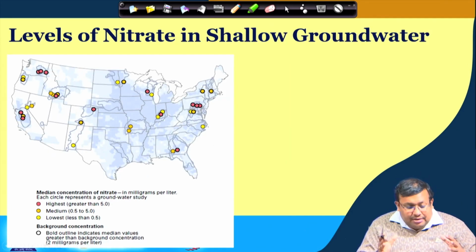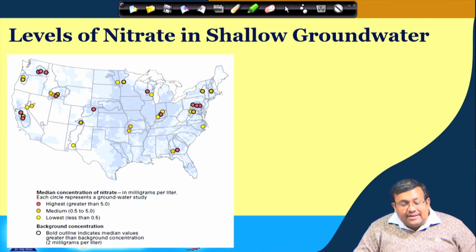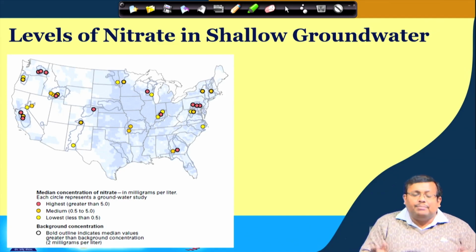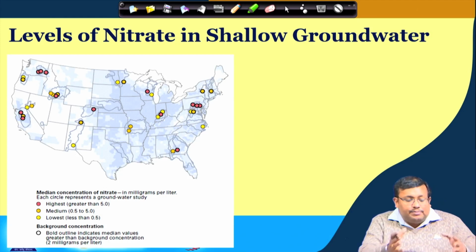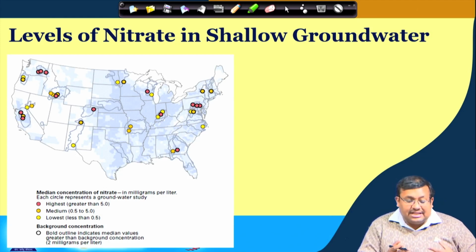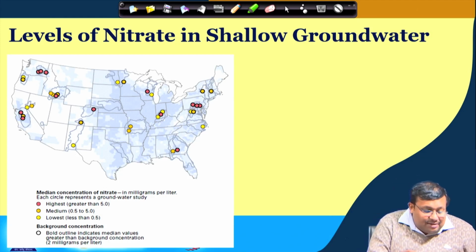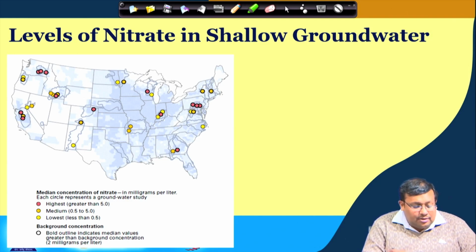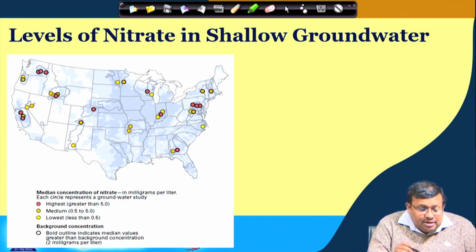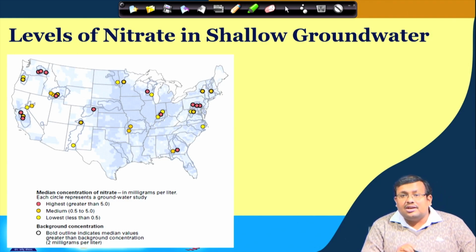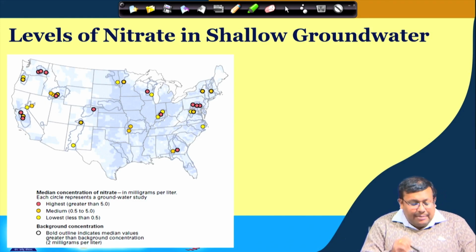If we want to see the levels of nitrates in shallow groundwater in different parts of the US, this map gives a better indication. You can see in several parts of the US, the nitrate in shallow groundwater exceeded the background concentration.